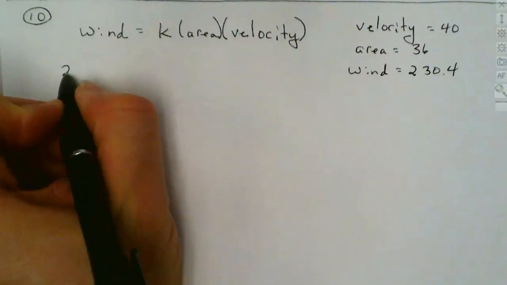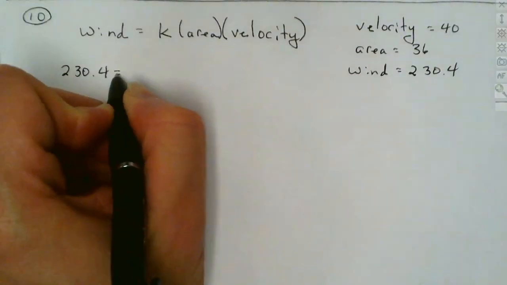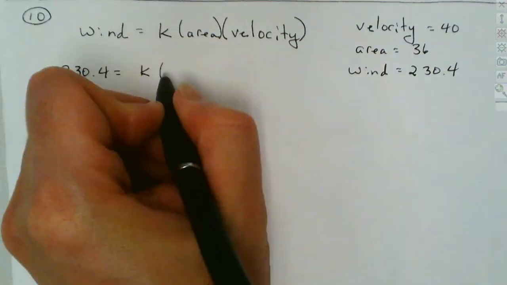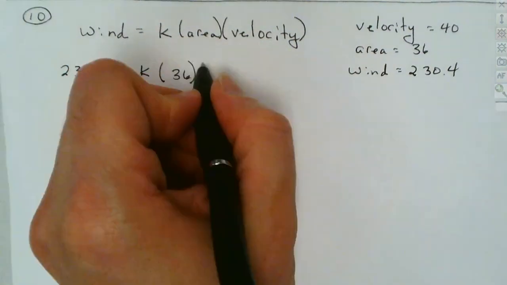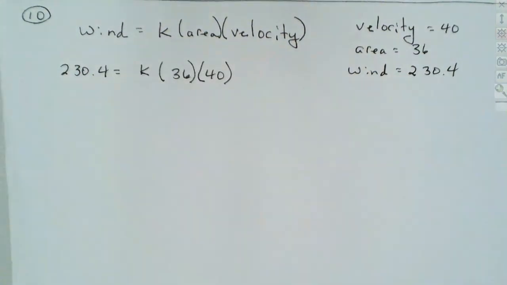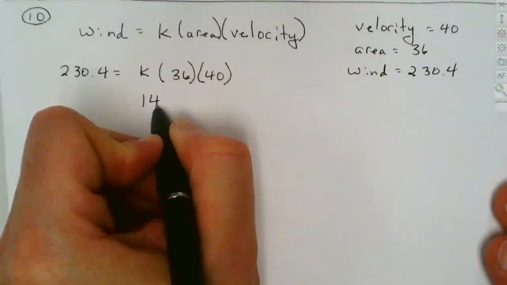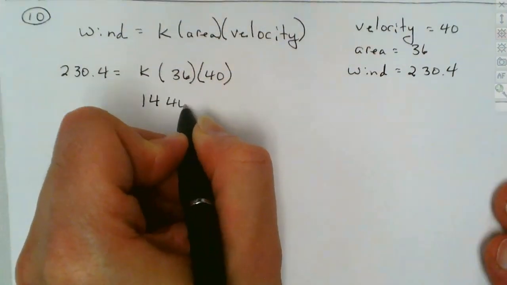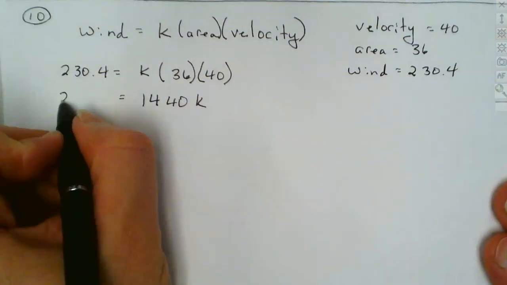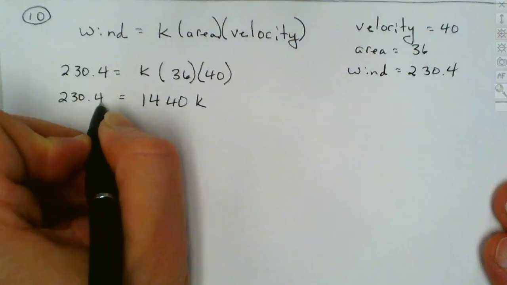Plugging our values in, we've got 230.4 equals K, which again is our unknown. We're going to have to multiply that by 36 and also by the speed in this case, which is 40. So that's 1440. K equals that 230.4.